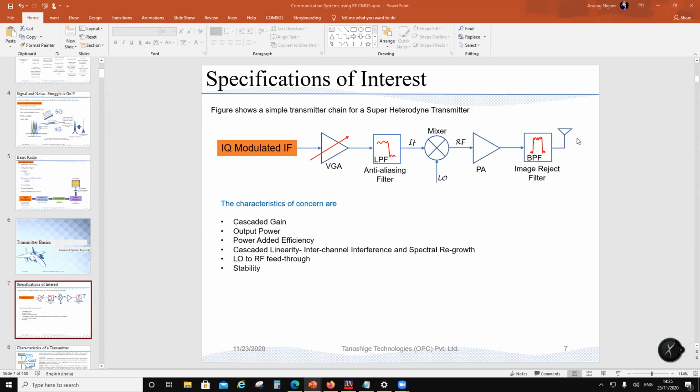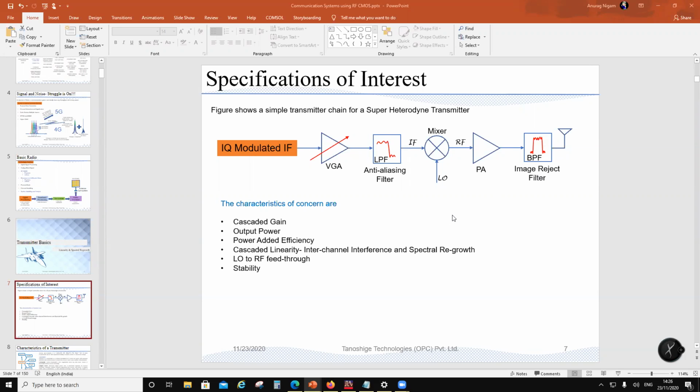Can you please explain why a VGA in the TX path is there? You have to have some kind of variable gain somewhere in the channel, because you are controlling the output power. How do you control output power? There will be a power control loop. I will sample the power here, and then try to control it, so I can decide what power level I should put out.